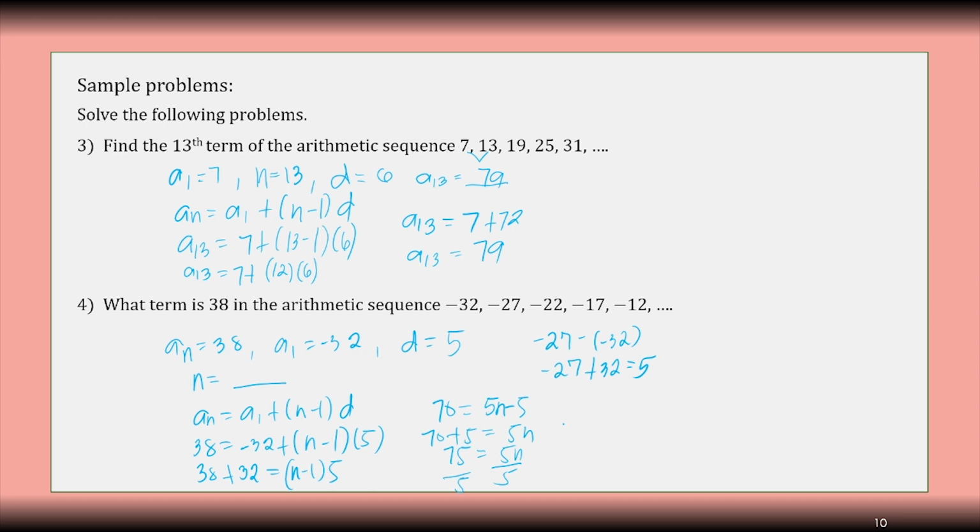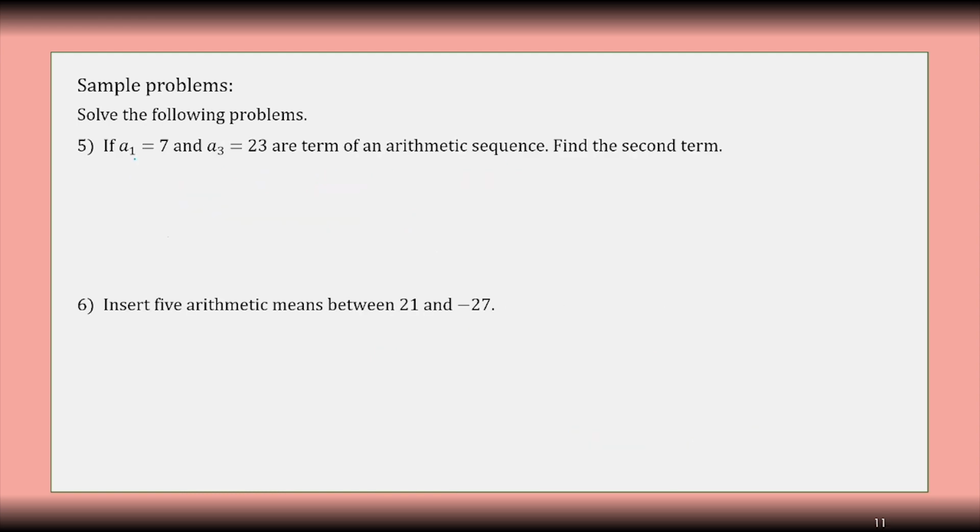So, pag divide natin yan, ang n natin is 15. So, ibig sabihin, yung ating 38 is pang 15th term. So, a sub 15 yung ating 38. And 38 is the 15th term of the given sequence.